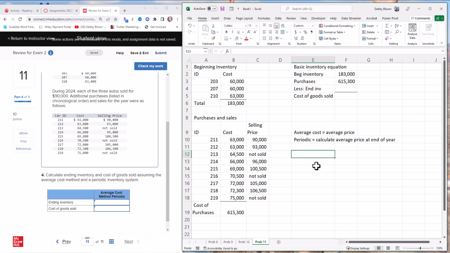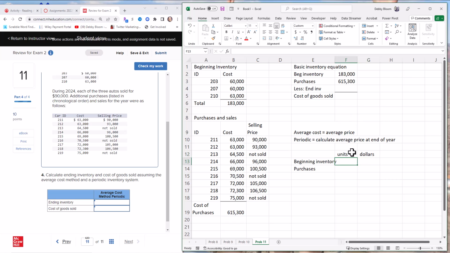So what I'm going to do is take my beginning inventory and add my purchases in dollars and in number of units. So first I'll put in the units and then I'll put in the dollars.